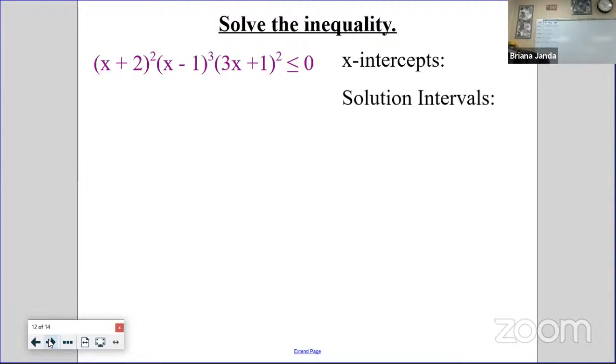I've got it factored. And we are going to talk about how to speed this one up after this example. So, I know I have zeros at -2, and add 1, subtract 1, divide by 3, at -1/3.